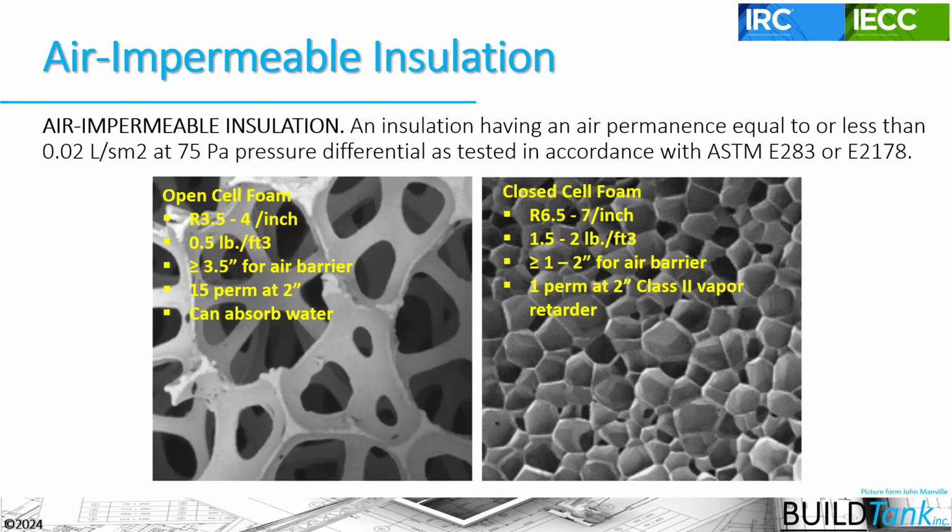The other thing that we need to think about is the moisture barriers, or moisture retarders. And closed cell foam can be considered a class 2 vapor retarder at about 2 inches of material. A 1 perm is a class 2 vapor retarder.